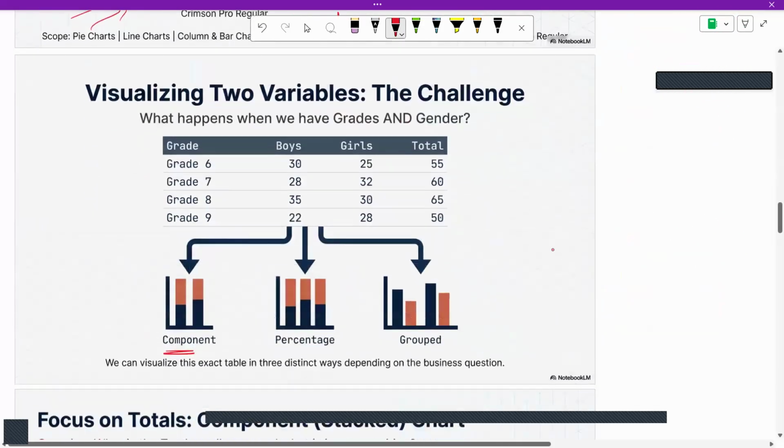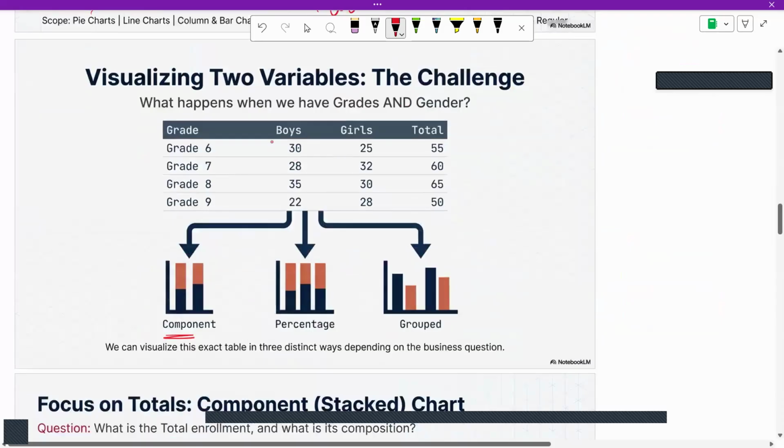Here, visualizing two variables. Here we have boys, girls, and this is the total. We count the male and female in each class, grade 6, 7, 8, 9. Boys count in grade 6 is 30, girls 25, total 55.